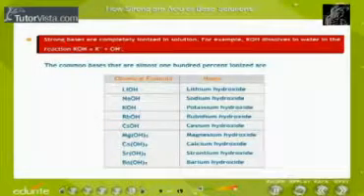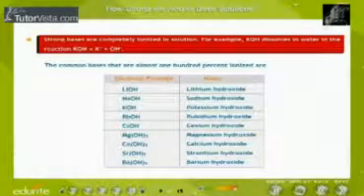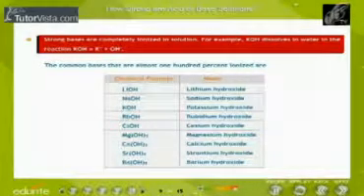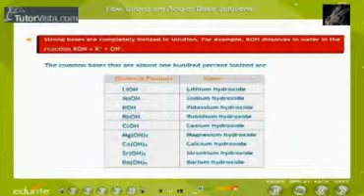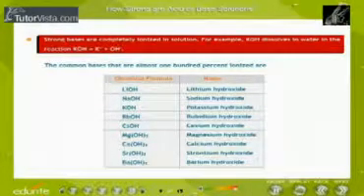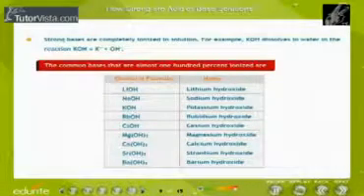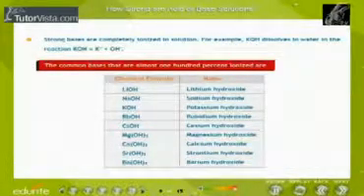Strong bases are completely ionized in solution. For example, KOH dissolves in water in the reaction KOH = K+ + OH-. The common bases that are almost 100% ionized are listed here.